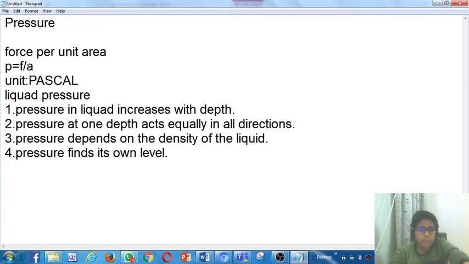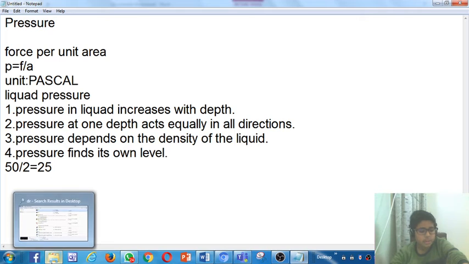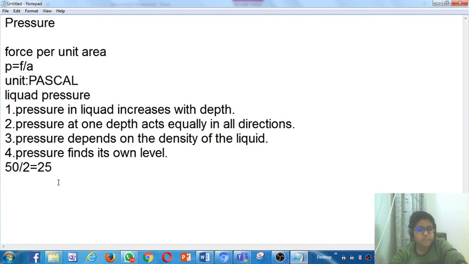You remember this formula: P equals F over A. F is given as 50, so 50 divided by the area, 2, gives us 25. Then the area is 100 meters square. This was the first question.